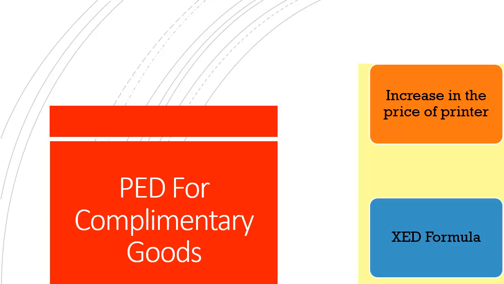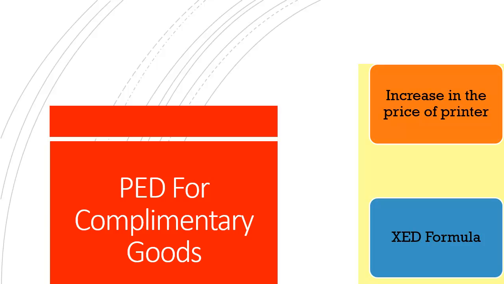So let's think about the printer, and also the ink cartridges which are used in the printers. Let's assume in this real life example that the price of the printers increased. How will this affect the demand for the ink cartridge, which is the complementary good for the printers?